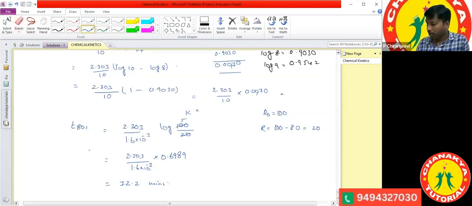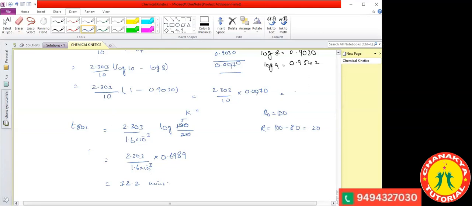If you simplify, 2.303 into 0.0970 divided by 10. Divided by 10 means you are getting 0.022, ma. 0.022 you are getting.